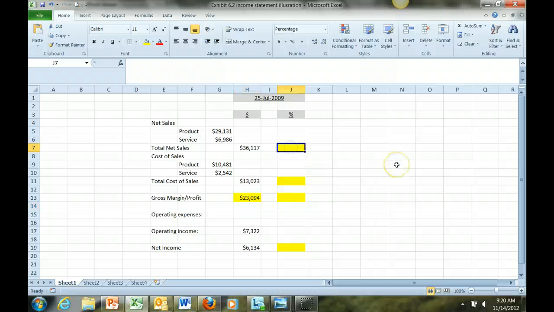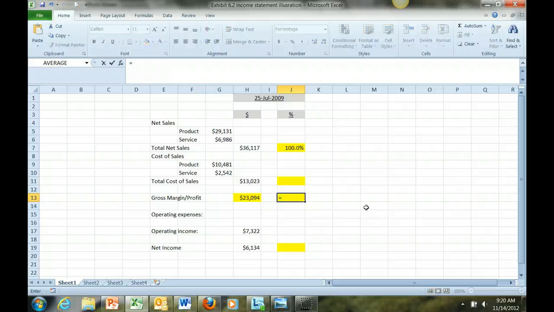First, understand that top line sales for any company on any given income statement is always going to be 100%. And so we are very interested in these percentages. For example, what is the gross profit margin percentage for Cisco for 2009?